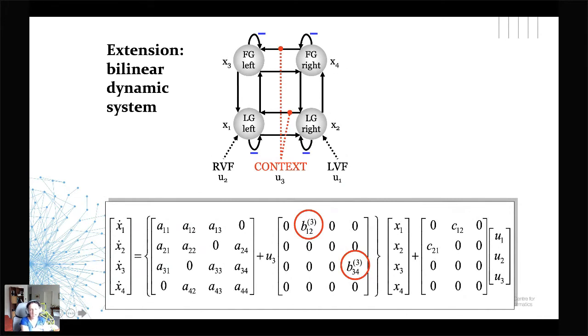So B has a specific impact on the connections between region 1 to 2 and between regions 3 and 4. So contextual input affects connections from the right LG to left LG, and then right FG to left FG.